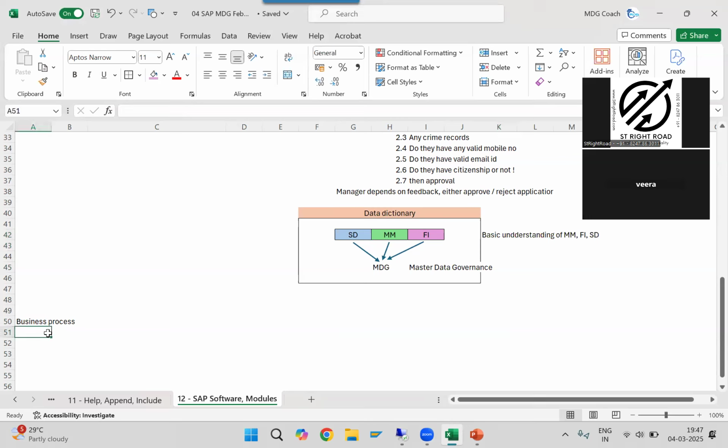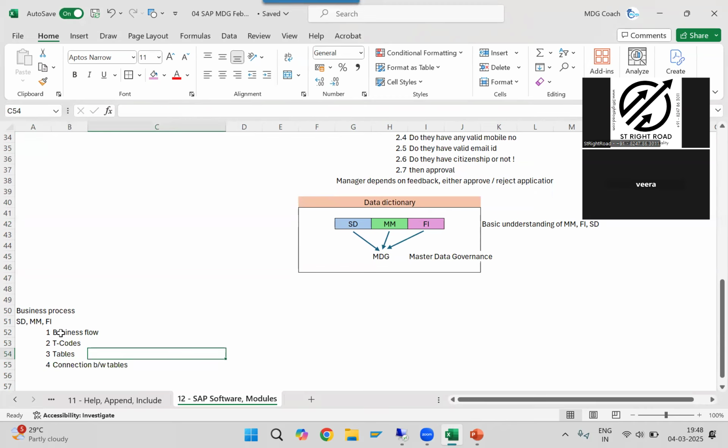Each of SD, MM or FI commonly has a business flow. Second is some common tables. Third is T-codes. So first, business flow. Second, the transaction code. Third is tables. Fourth is the connection between the tables.